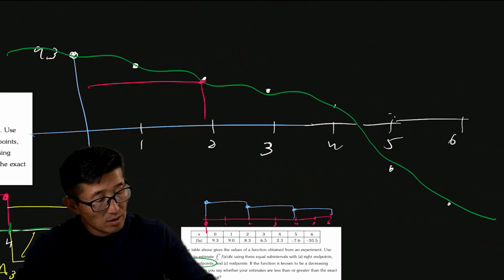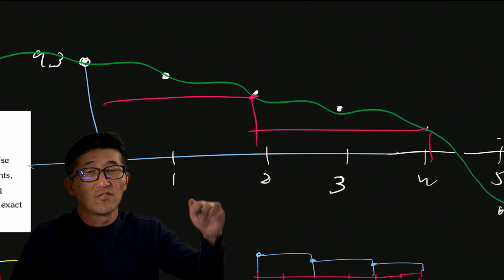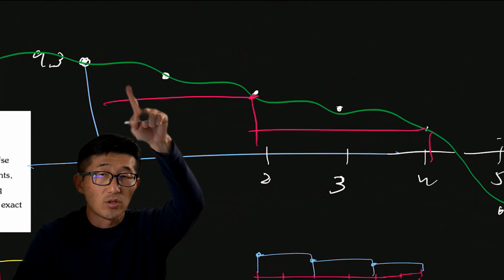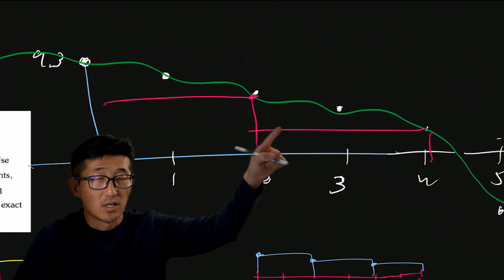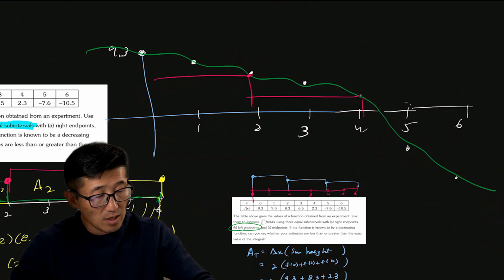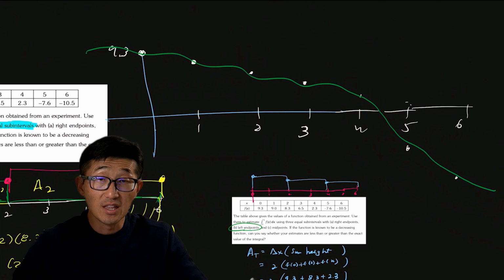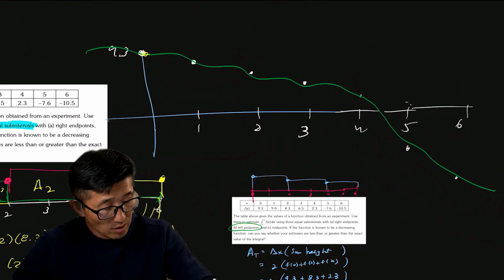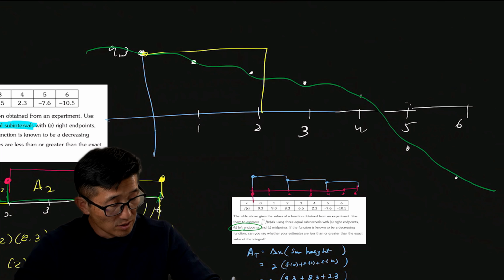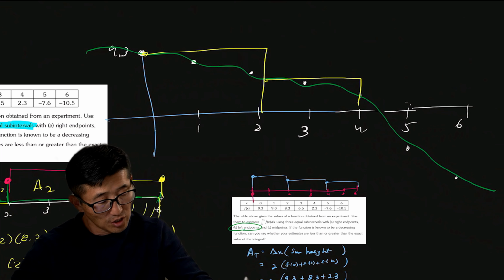You'll notice that if it's decreasing and you use the right corner, you're going to have all this space open. So we're going to get an under approximation. But when you use the left corner, notice how it sticks out. You get an over approximation.